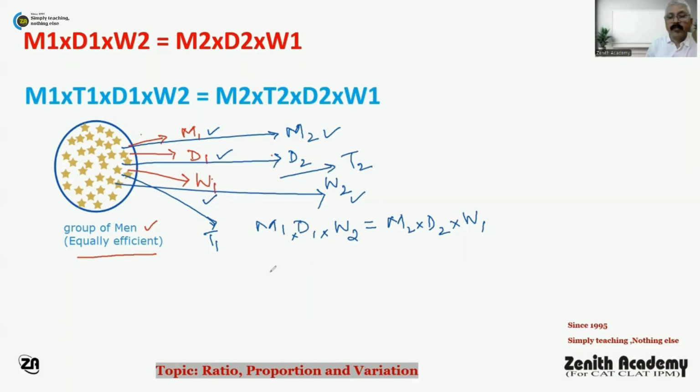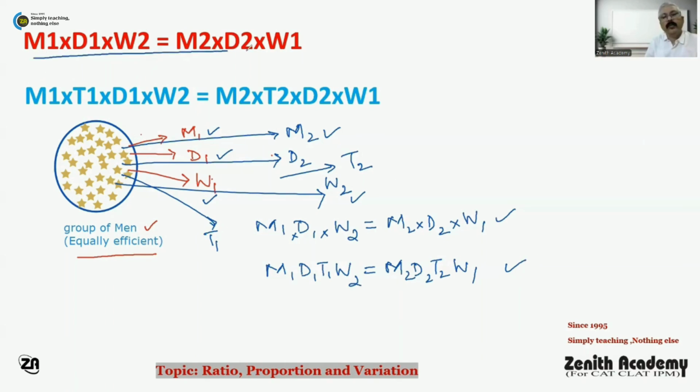Then in this case, the formula will be M1 D1 T1 W2 is equal to M2 D2 T2 W1. So these are two formulas, very, very important and very, very helpful in this ratio proportion chapter. So here it is: M1 D1 W2 is equal to M2 D2 W1. And M1 T1 D1 into W2 is equal to M2 T2 D2 W1.